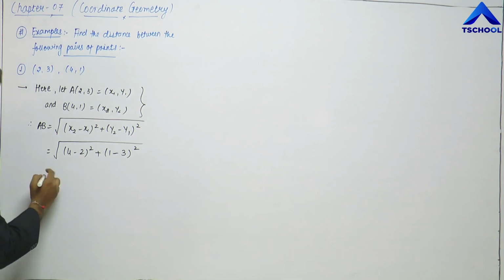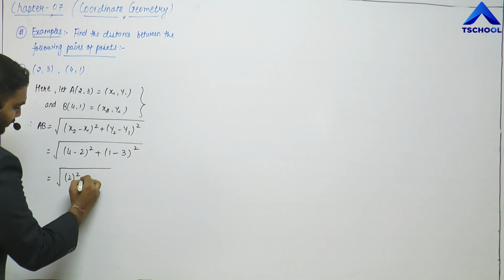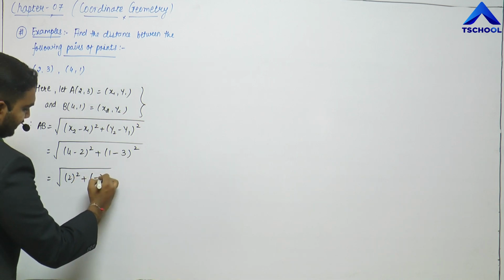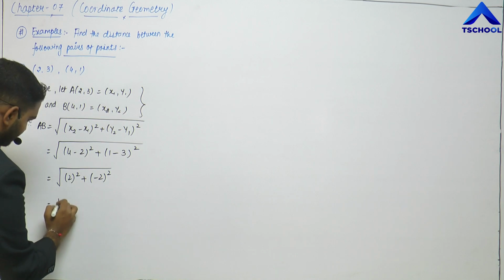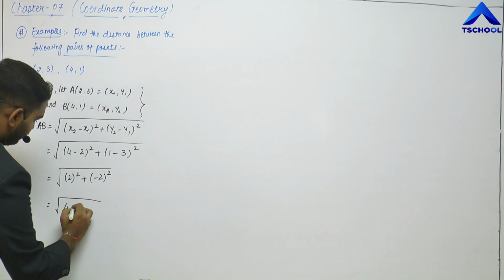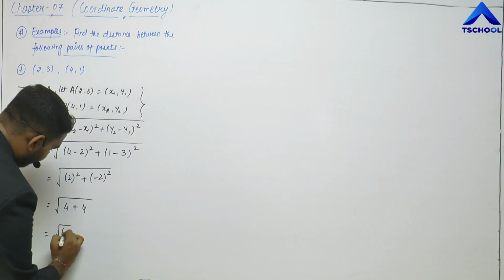What is 4 minus 2? 2, so that is 2 square plus 1 minus 3, that is minus 2 square. Now you need to remember that, friends, square of a negative number is again a positive number, so that is square root of 4 plus 4, which is equals to square root of 8.